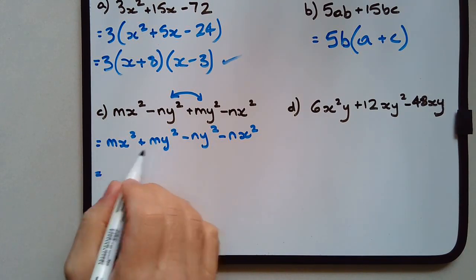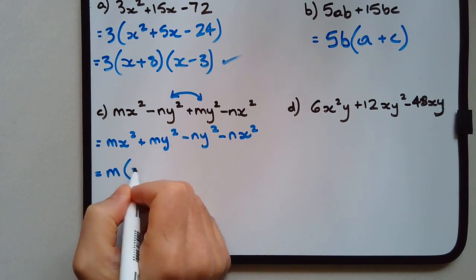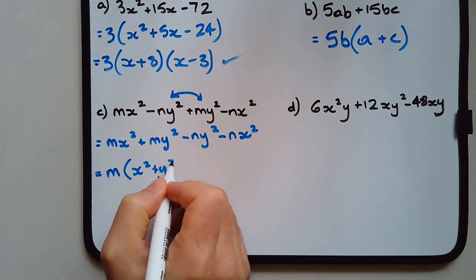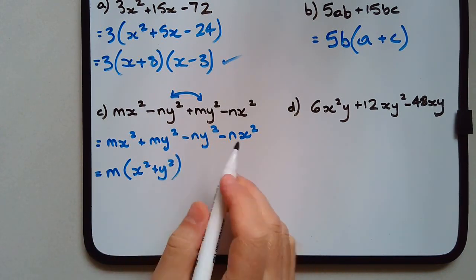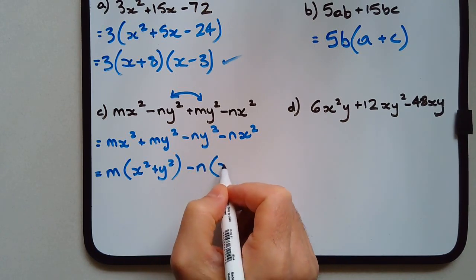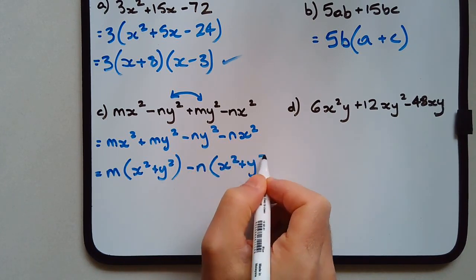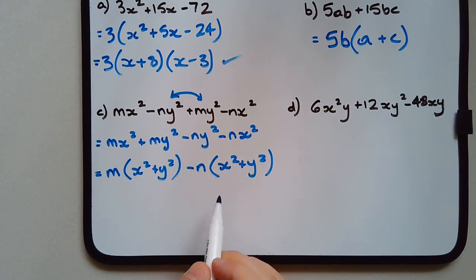Let's take out m. Okay, it's a common factor there, and we have x squared plus y squared. Okay, that's okay. Then we can take out minus n from the next 2 pairs, and we end up with x squared plus y squared. Notice that I've switched the x squared and the y squared around. I can do that.